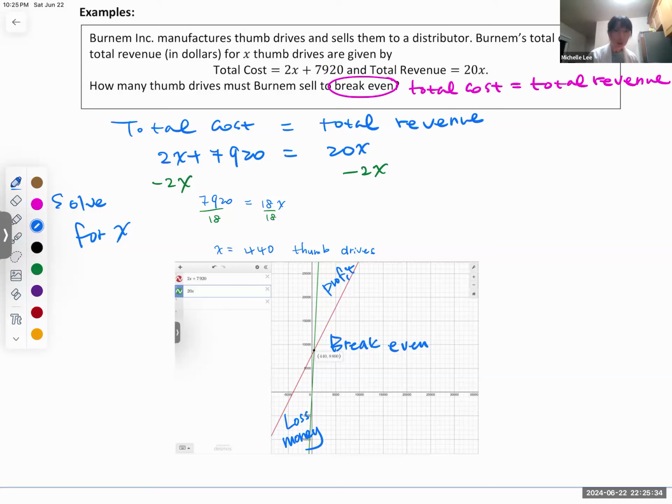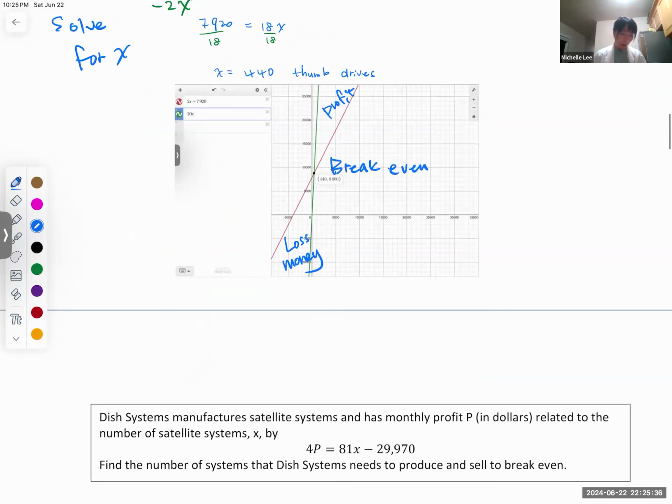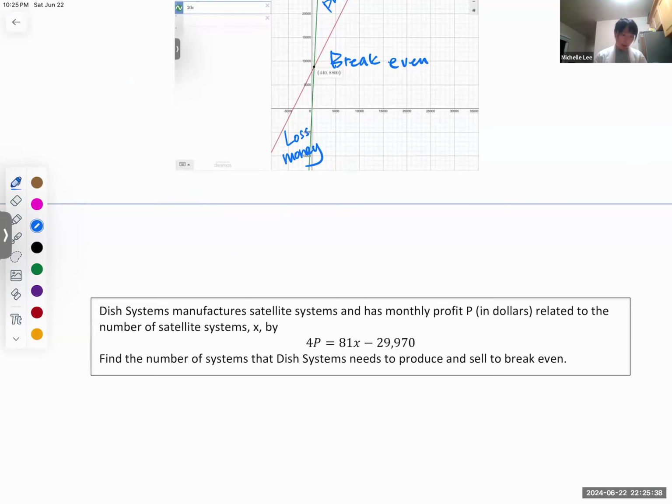All right, so let's do this one. DC Systems manufactures satellite systems and has a monthly profit P in dollars related to the number of satellite systems x by P equal to 81x minus 29,970.